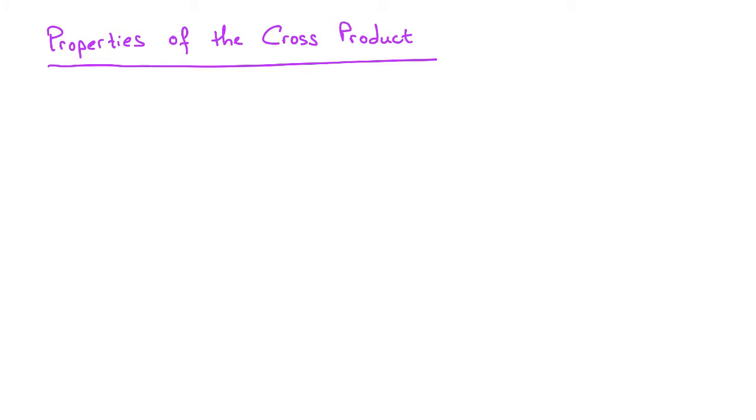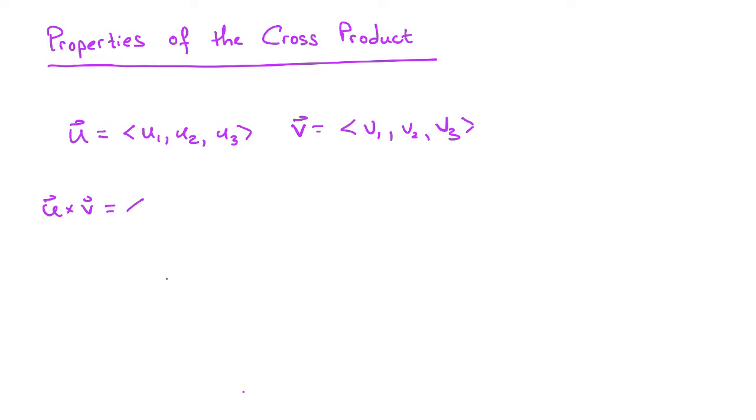Just as a reminder, suppose we were given a vector u with components u1, u2, and u3, and another vector v with components v1, v2, and v3. To compute the cross product, remember that it will give us a new vector.